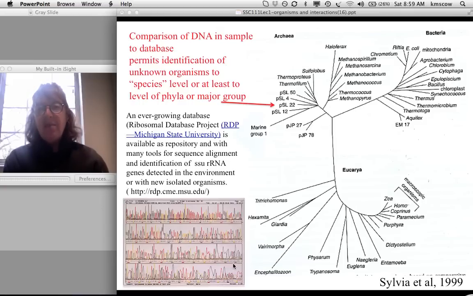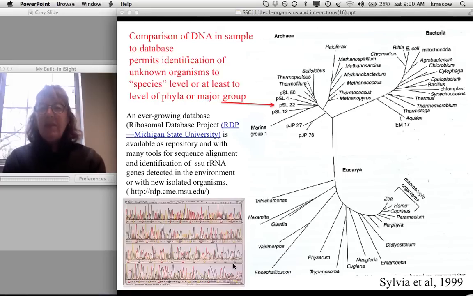So just to back up a little bit, when you find a new organism, what you can do is sequence this small subunit ribosome, and you can do that sequence anywhere. You can sequence anything you want here on campus at the Genome Center, and you get back the sequence pretty fast.